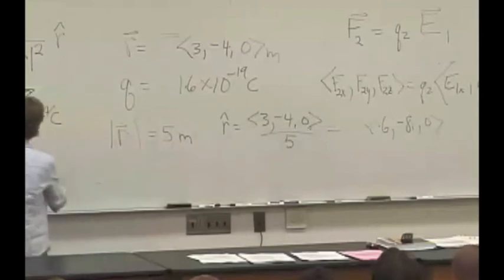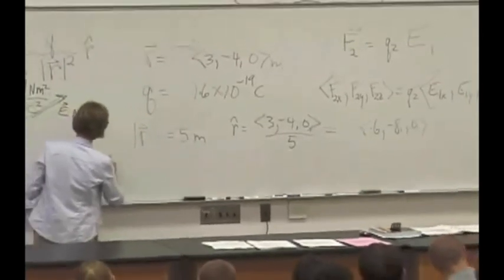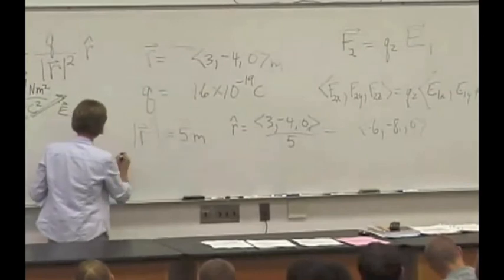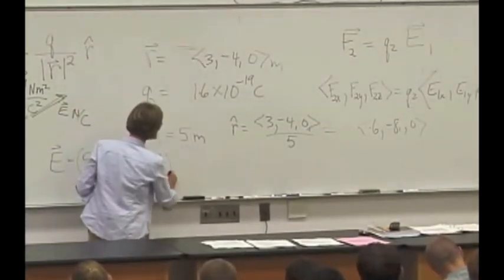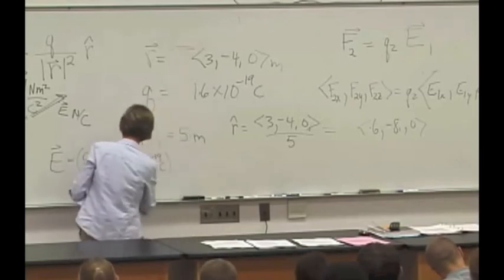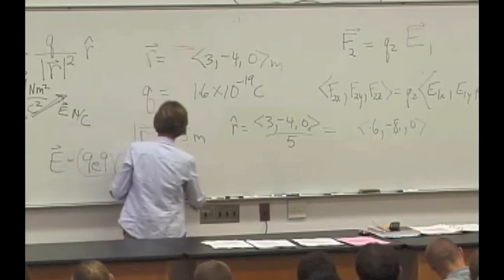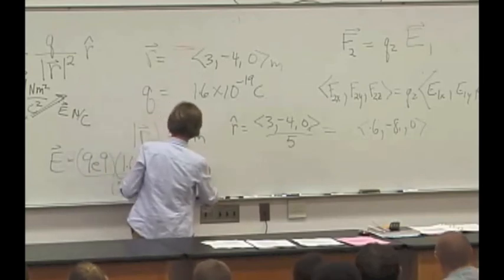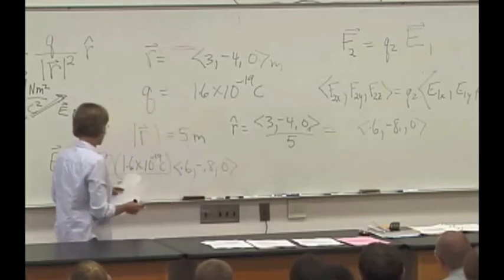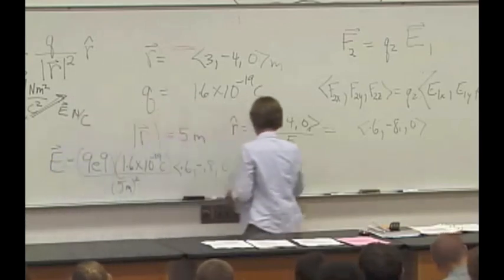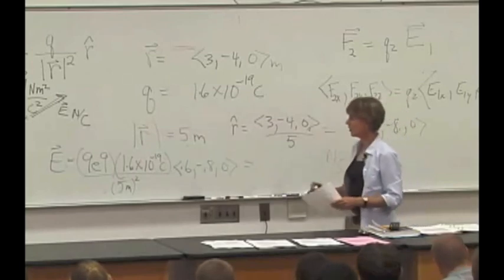And so to get this whole thing, we take E is 9 times 10 to the 9th newton meters squared per coulomb squared, 1.6 times 10 to the minus 19 coulombs. We divide by 5 meters, the quantity squared. We multiply by 0.6, -0.8, 0. And it comes out to be some number in newtons per coulomb.